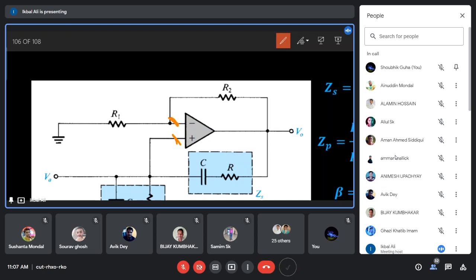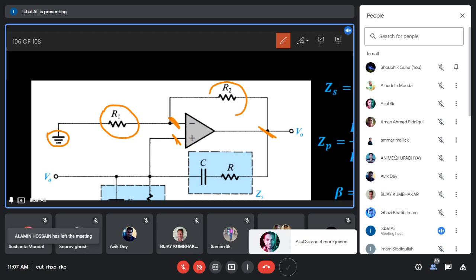Okay, I just have to enlarge this figure. Now you see that the inverting input terminal has a resistance R1 connected, and the other end of the resistance is connected to the ground. And between the inverting input terminal and the output terminal, you have a feedback resistance R2.